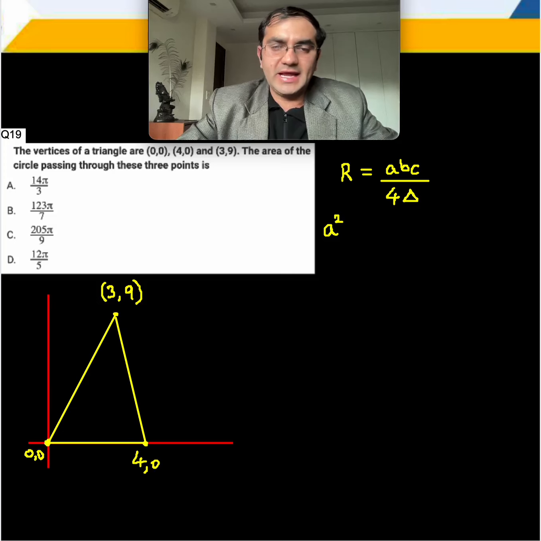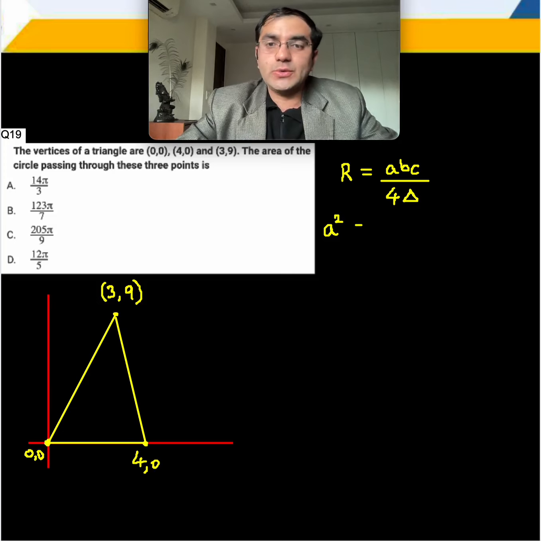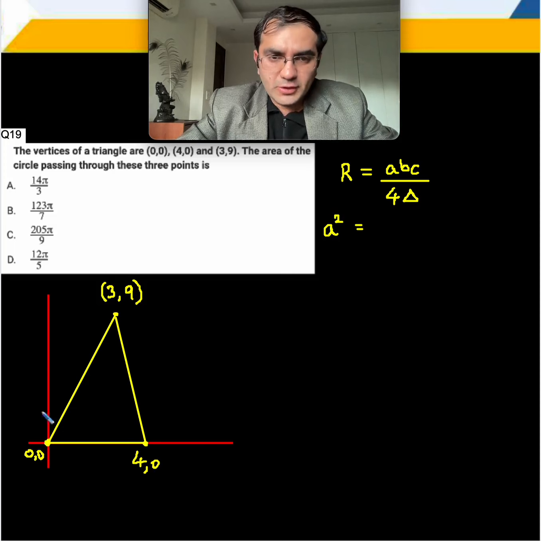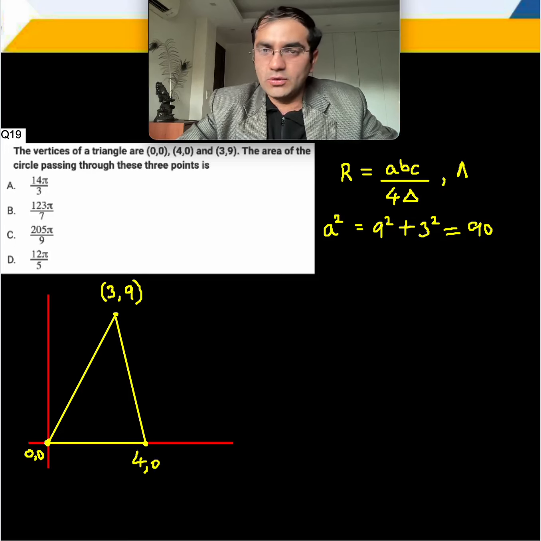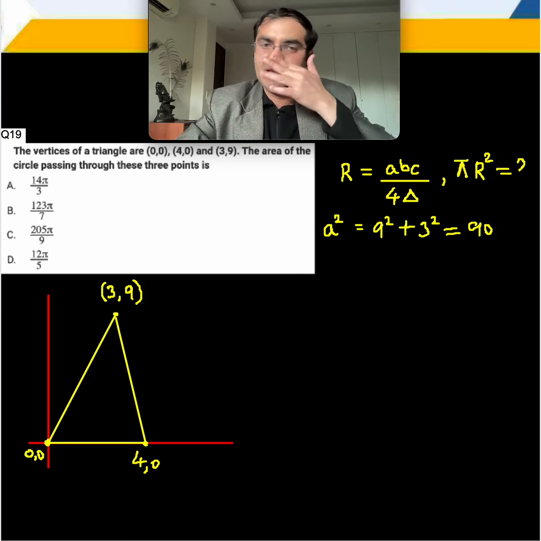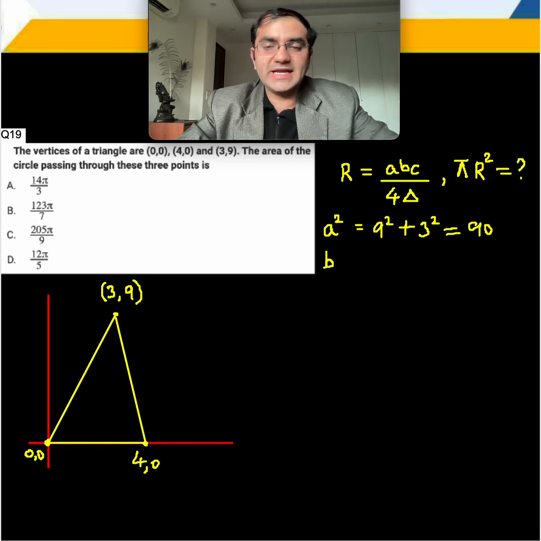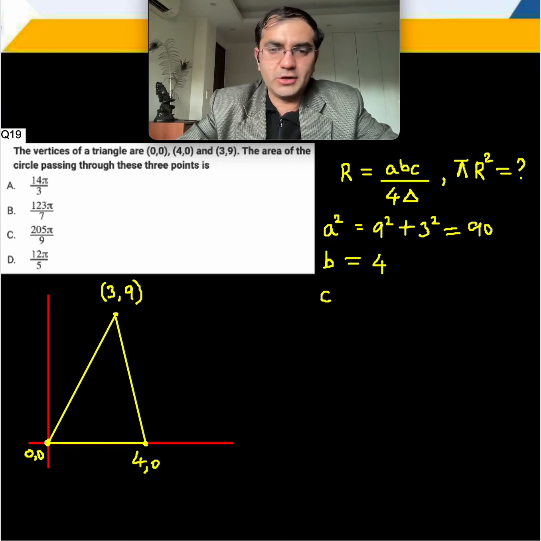Let me calculate a square, the distance between the first two points: 9 minus 0 square plus 3 minus 0 square, and that is 90. The second side is of course 4, right at the bottom, and the third side again is going to be the distance formula, 9 minus 0 square plus 3 minus 4 square.